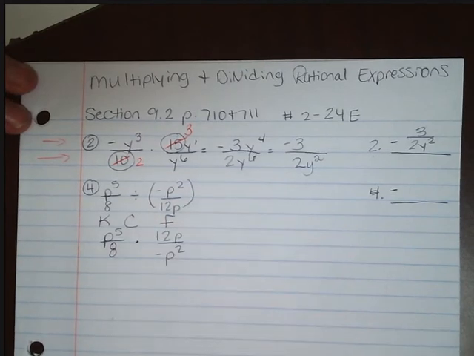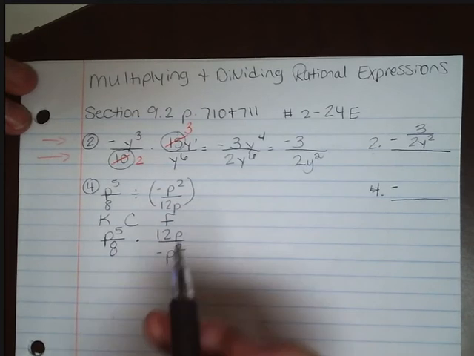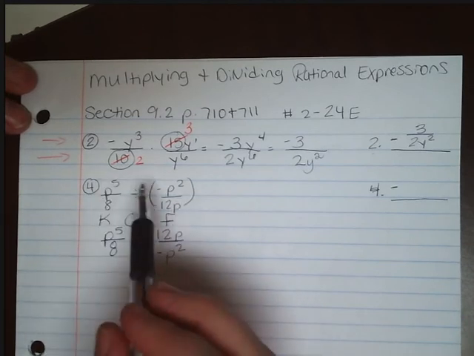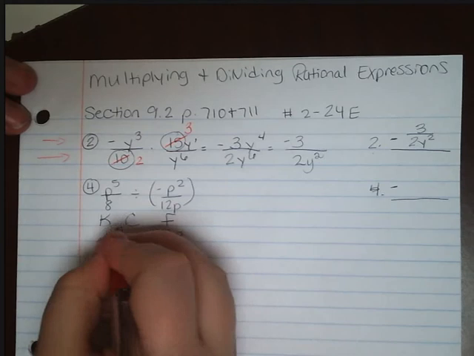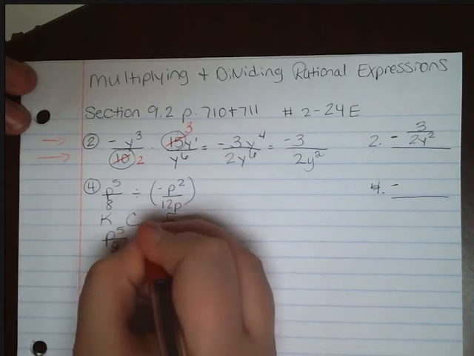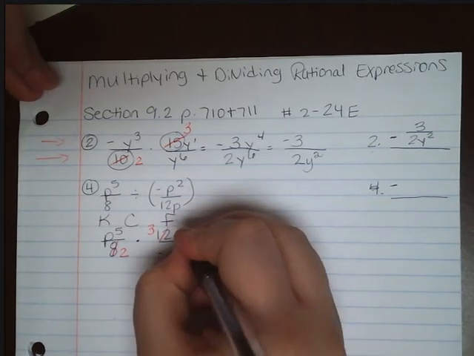You cannot simplify until you change your problem to multiplication. I couldn't have simplified anything in here yet because it was still division. So make sure you don't break that rule. My 8 and 12 can simplify to be 2 and 3. I divided them both by 4. And now I'm going to multiply straight across.